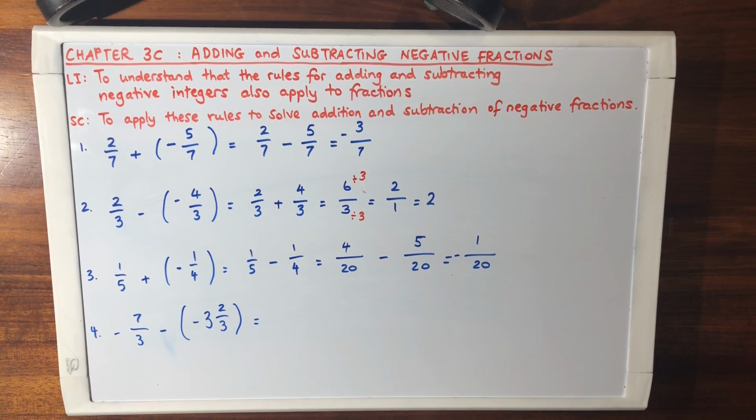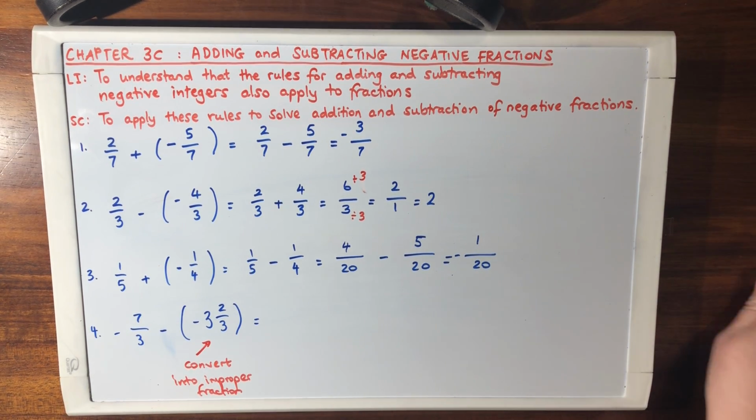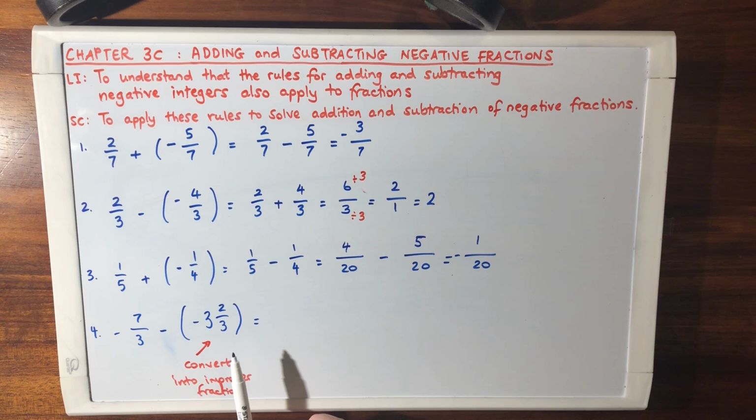My first step there, I need to make sure that I'm converting that mixed fraction into an improper fraction. So we convert into an improper fraction before we start at all. How do I do that?